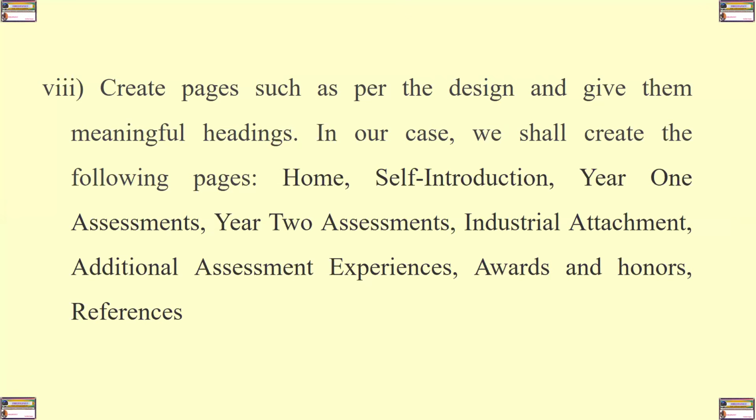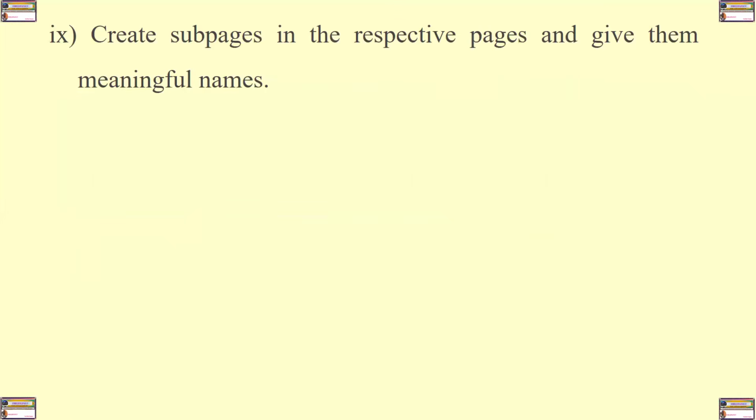Number 4, year 2 assessments page. Number 5 is industrial attachment page. Number 6 is additional assessment experiences page. Number 7 is awards and donations or awards and honors page. And number 8, references. Remember, you can have different pages depending on the guidelines that your trainer or your institution or your assessing body will give you.